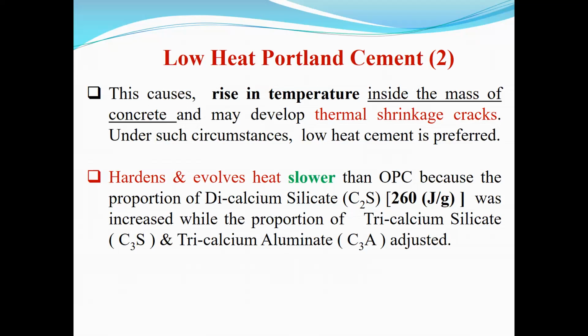So here, to attain that low heat, the amount of C2S is increased and the proportion of tricalcium silicate, C3S, and C3A, which normally produce a huge amount of heat, is decreased. That's how you attain low heat Portland cement. That means you are proportioning the compounds, and that's how you can adjust the heat which is being produced from the cement.